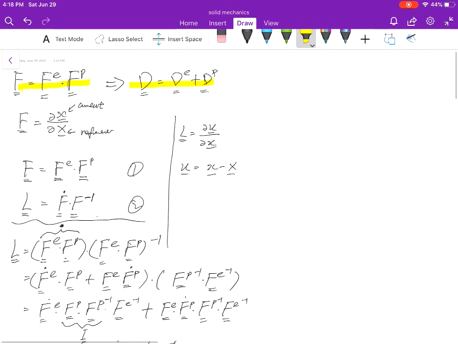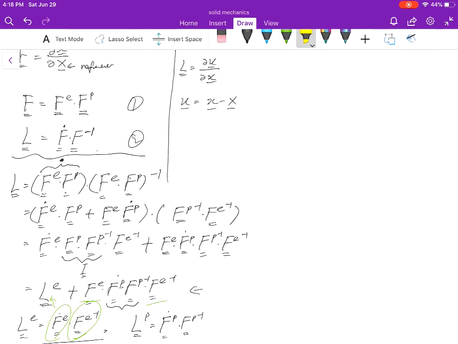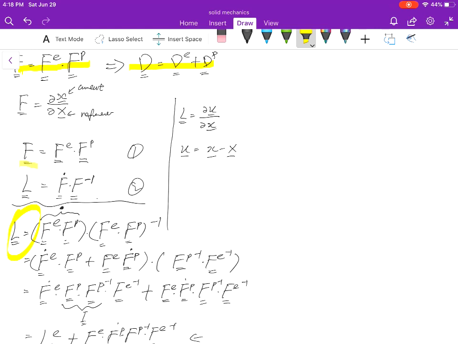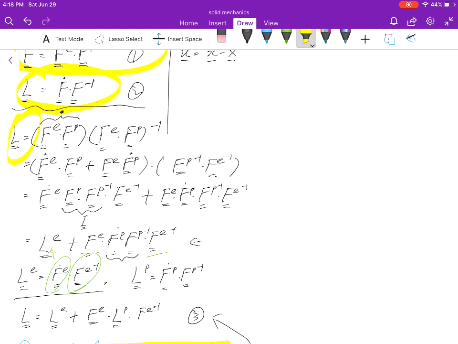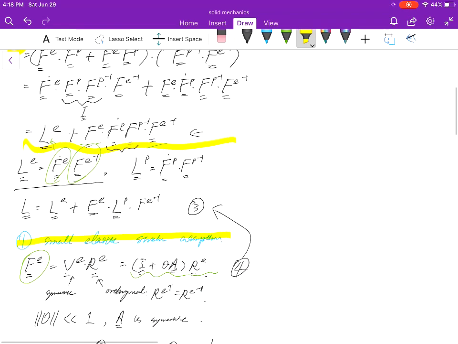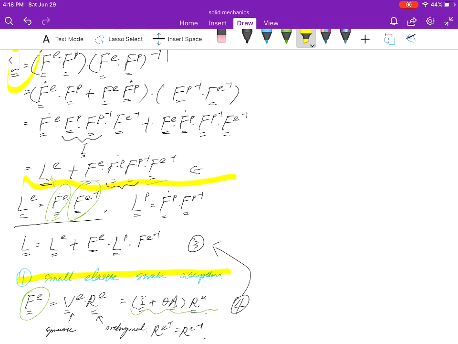By taking advantage of the velocity gradient tensor, we substitute this Fe times Fp equal to F, this decomposition, into equation 2 to express the velocity gradient tensor, and we write them out. We can have all this, and further we have F here.